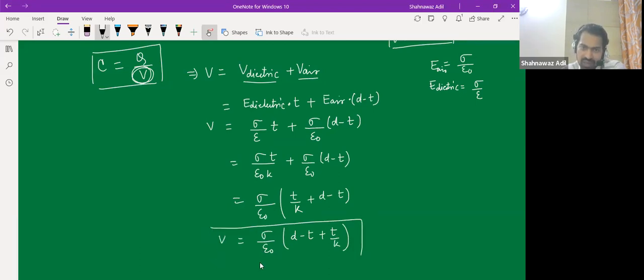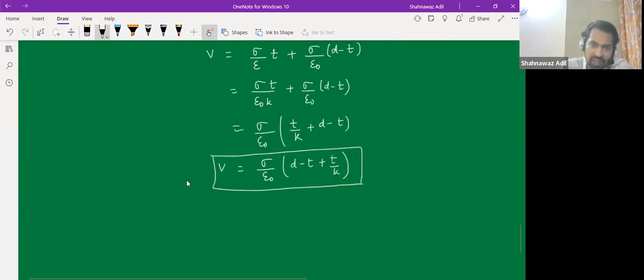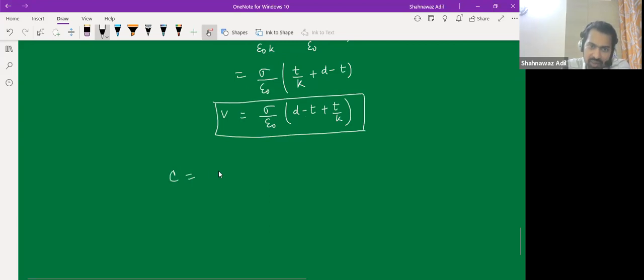So now we have calculated the potential, and we can calculate the capacitance. This is Q by sigma by epsilon naught into d minus t plus t by k.